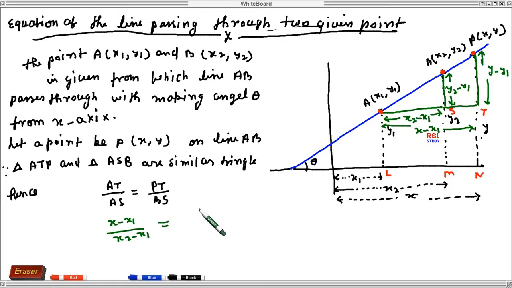Similarly we will write PT. So PT is nothing but y minus y1. Similarly BS is nothing but this length, that is y2 minus y1. Now we will do cross multiply.